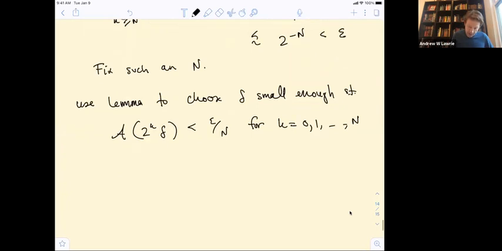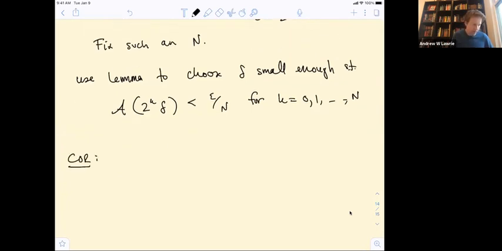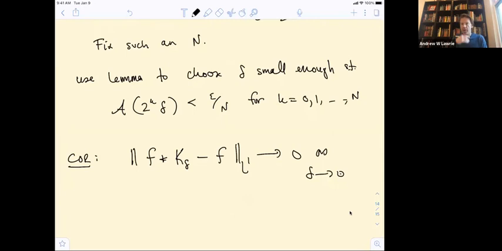And a corollary to the proof is that f convolved with k delta minus f in L1 also tends to 0 as delta tends to 0. Okay, so that's it. And just note that that L1 convergence is also proved. Okay, any questions about the argument?